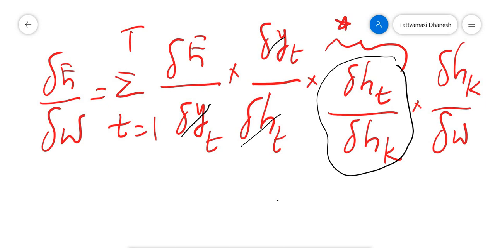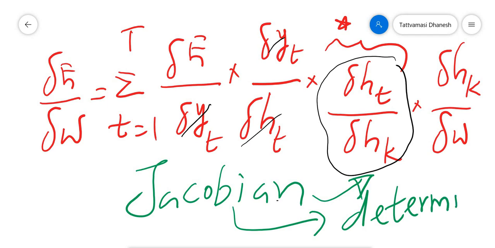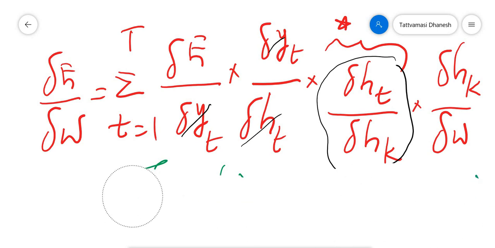This term involves the product of Jacobians. This is a little bit complex math. If you are interested, you can listen. This term we call the product of Jacobians. The Jacobian is a determinant matrix, its value a determinant. This Jacobian determinant, you can again expand it.